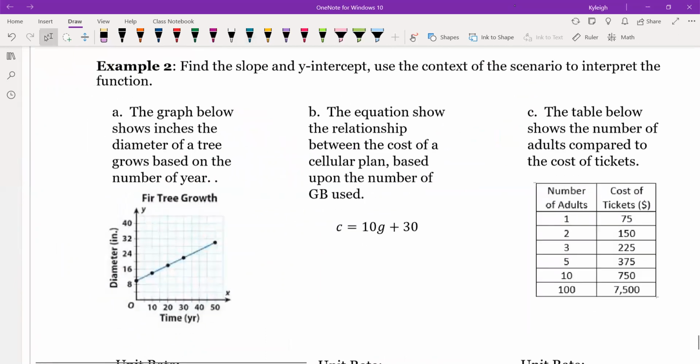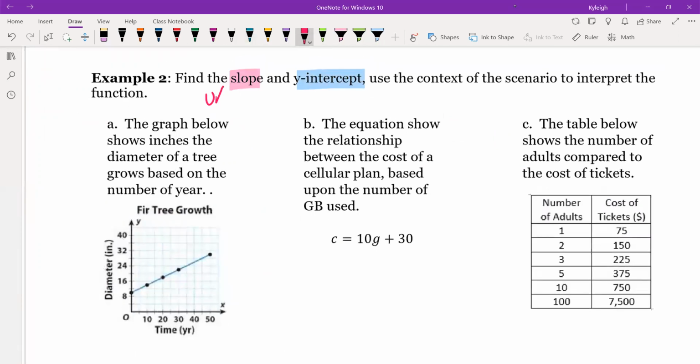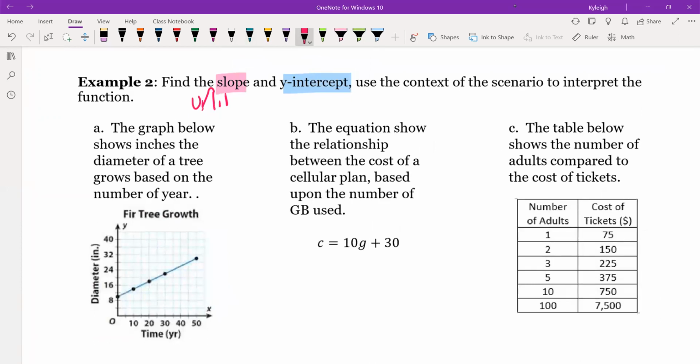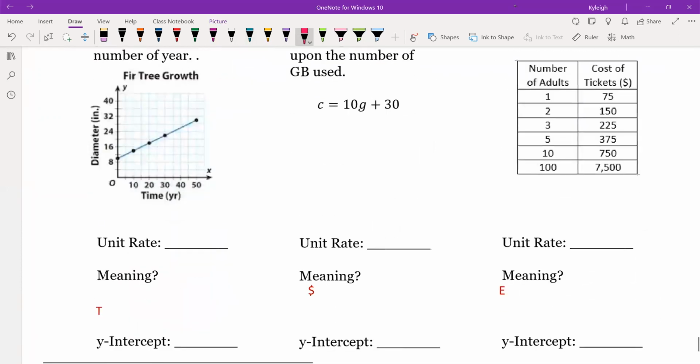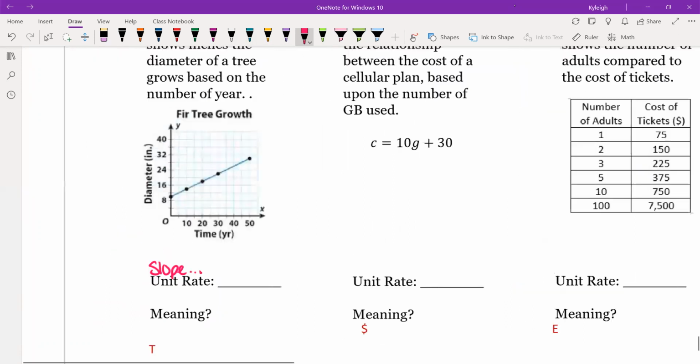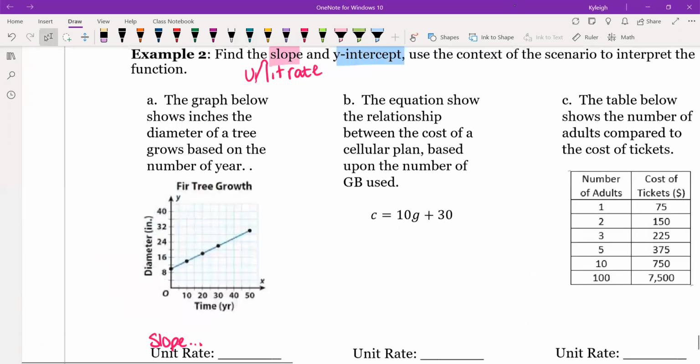So we want to find the slope and the y-intercept here. So the slope, remember, is the unit rate. So down here, when it asks for the unit rate, it really means slope. Okay. So we want to find the slope of this graph.